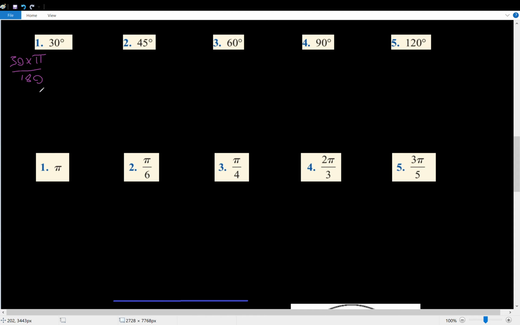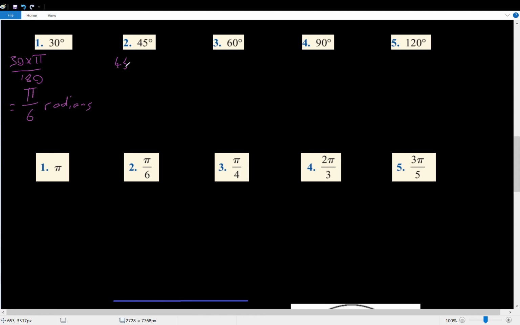And if we simplify that out, 30 over 180 is just equal to 1/6. So we end up with 1 times pi over 6. In other words, we just get pi over 6 radians.